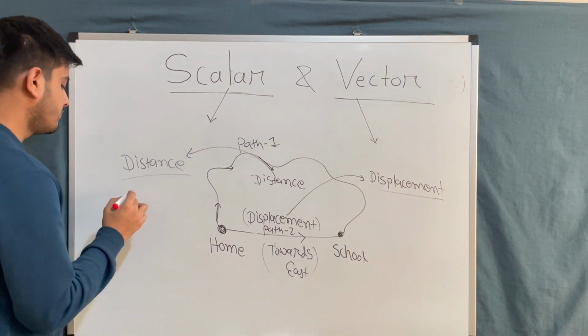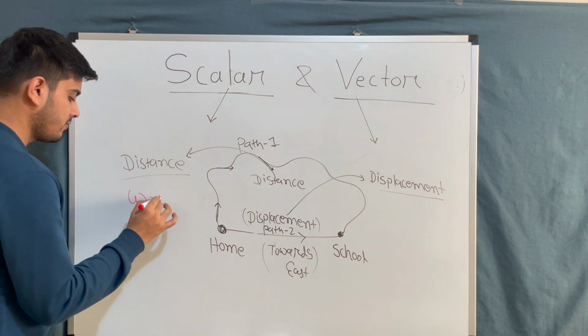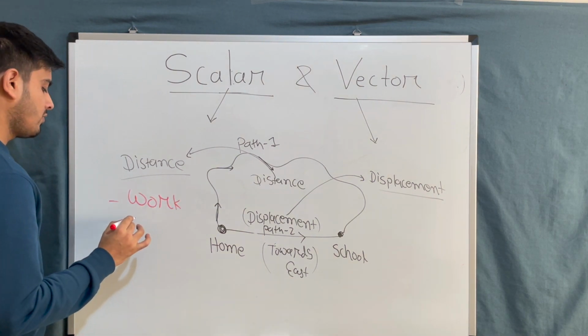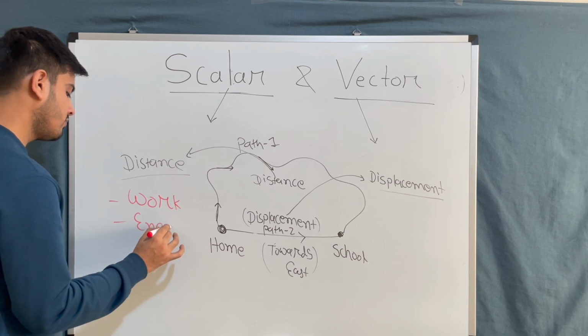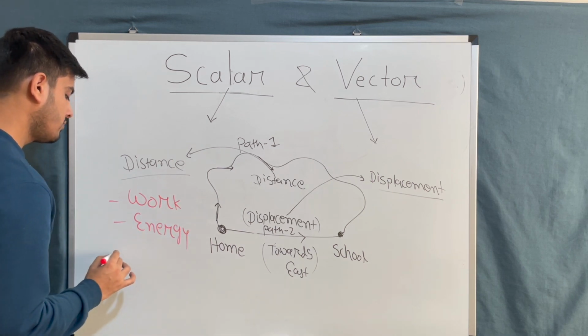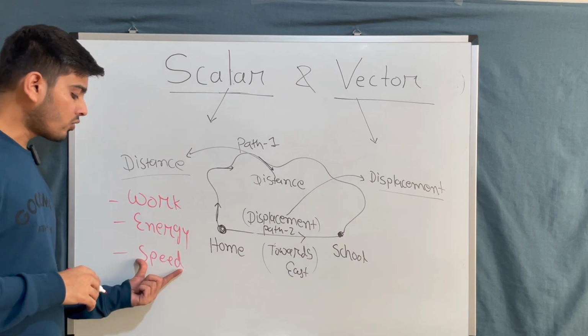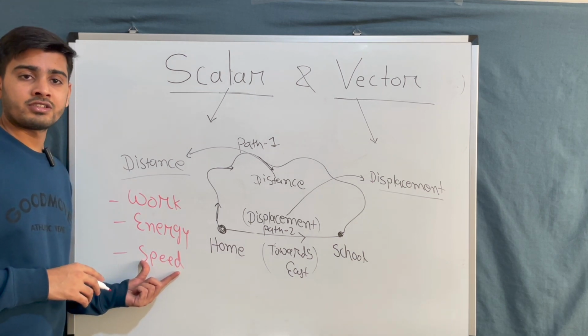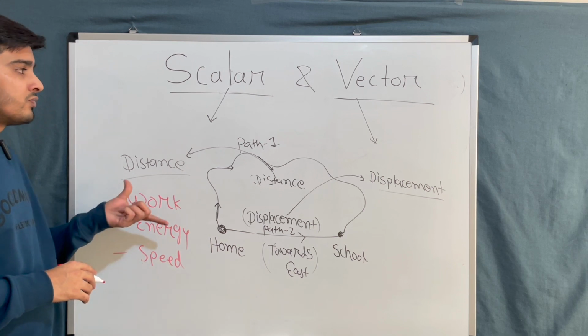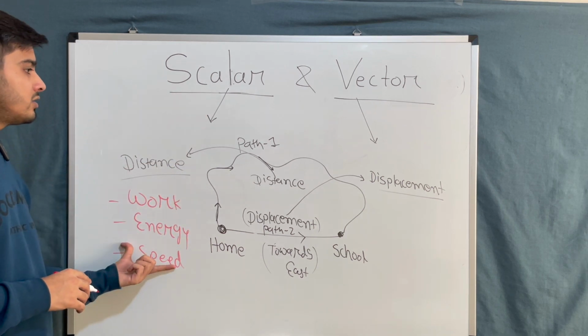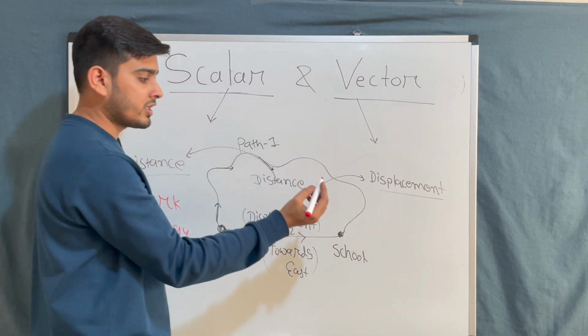Let's say work, energy, speed. All these quantities do not need any direction. We can represent all these quantities without direction. So they come under scalar quantities.